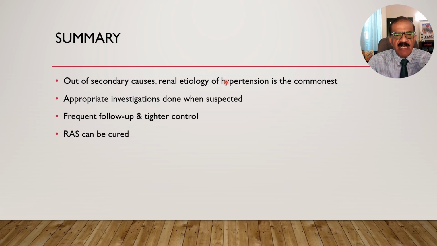We suspect kidney disease on the basis of urinary test abnormalities, electrolyte abnormalities, creatinine abnormalities, or some clinical findings, or when the patient is not responding well to antihypertensive treatment. Then once you suspect it, appropriate investigation should be done, frequent follow-up is needed, tighter control is needed, and renal artery stenosis can be cured.